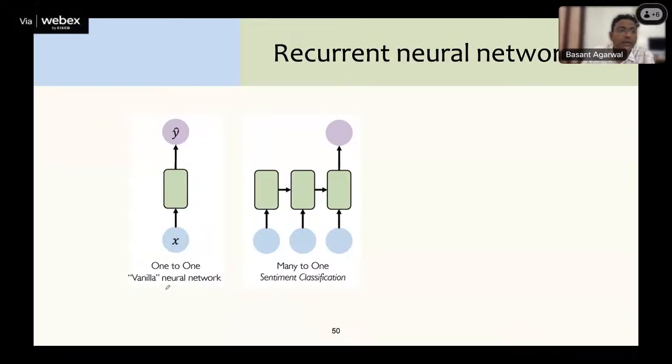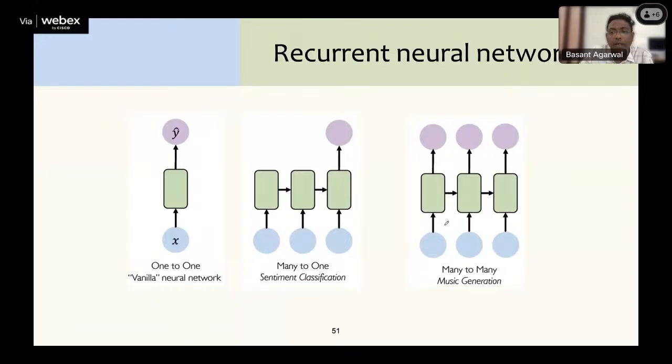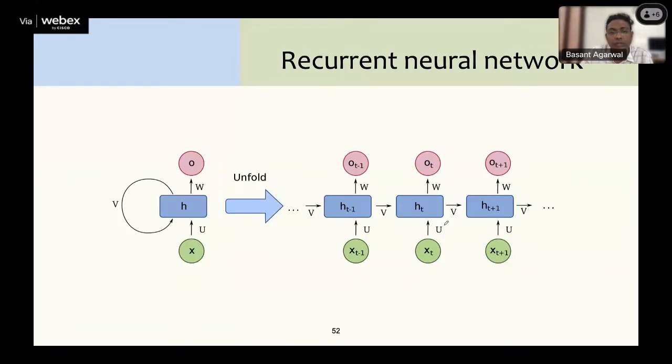First, we have seen in character prediction and part of speech tagging the one-to-one network. Second is your many-to-one, in which we just ignore the outputs of previous timestamps. And many-to-many, in music generation and machine translation, we will have many-to-many connections.